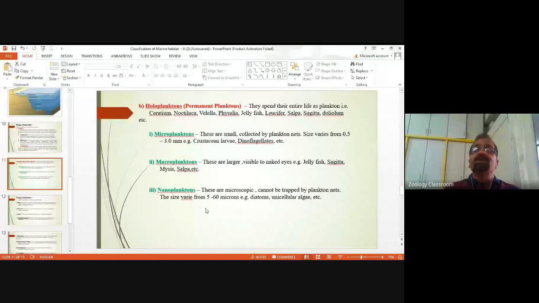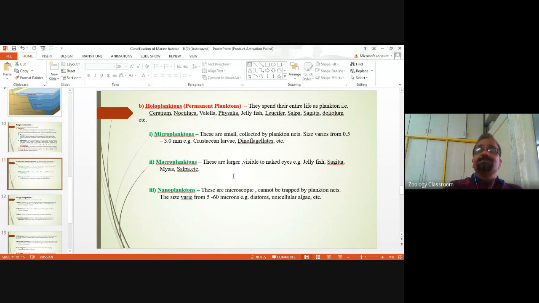Size varies from 0.05 to 0.3 mm, and all the crustacean larvae which I have mentioned earlier fall in this category. Certain algae in the form of dinoflagellates, which bear chlorophyll, also come under the microplankton category, but they are the phytoplanktons.